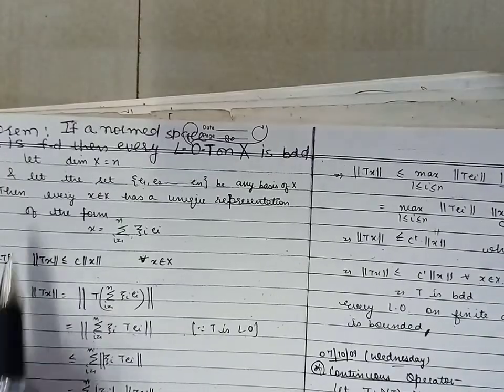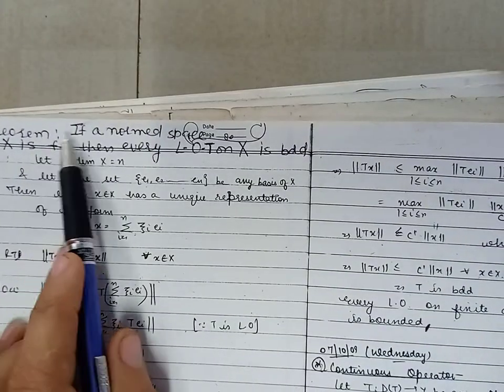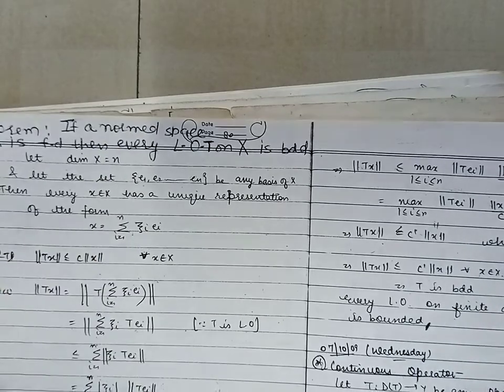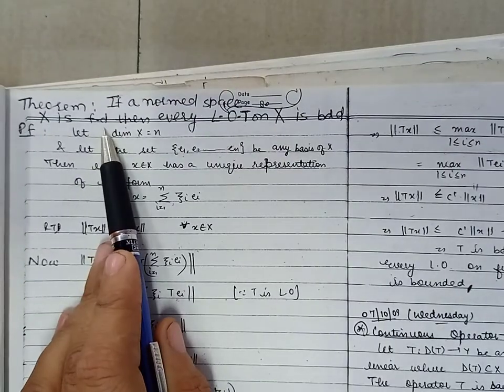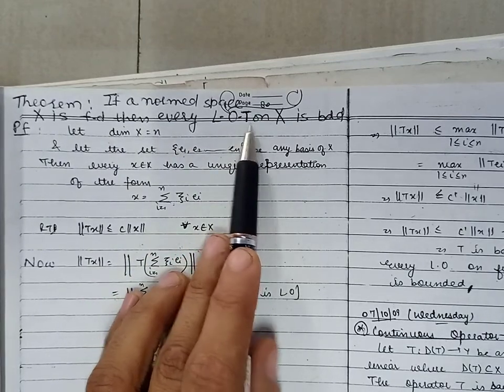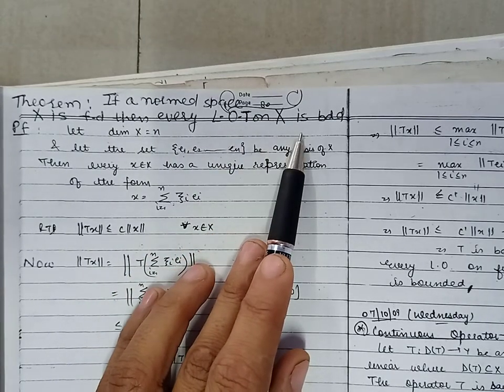Next, there is a theorem which states that if a normed space X is finite dimensional, then every linear operator T defined on X is bounded.